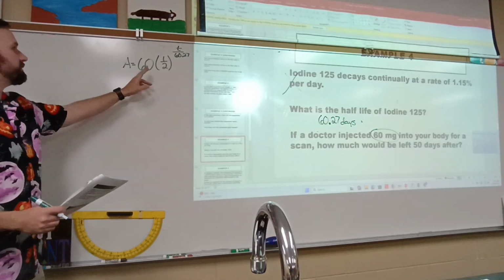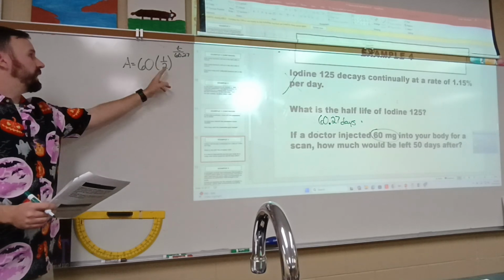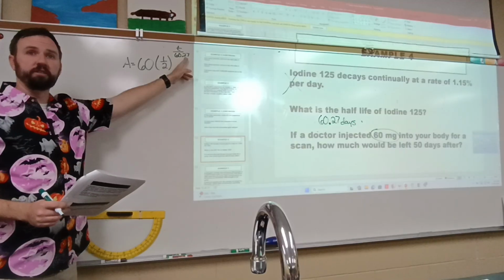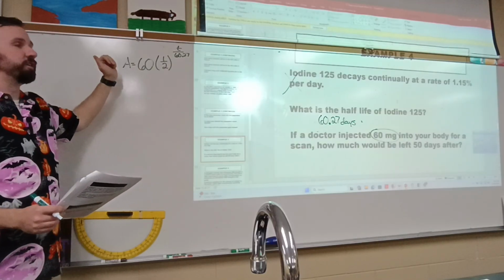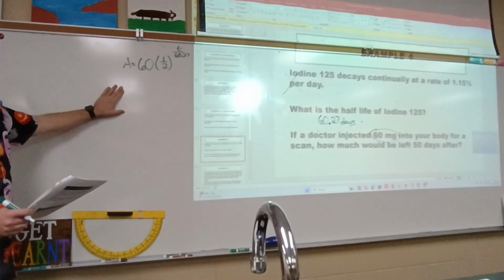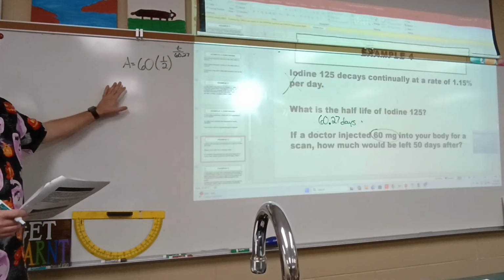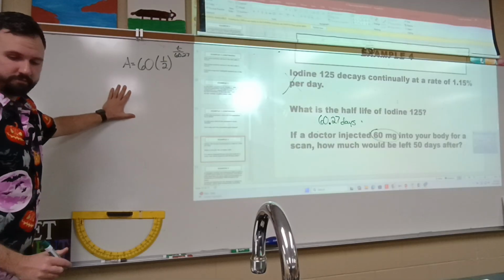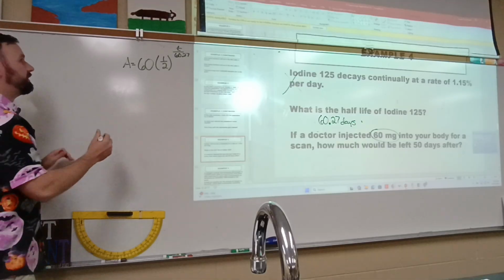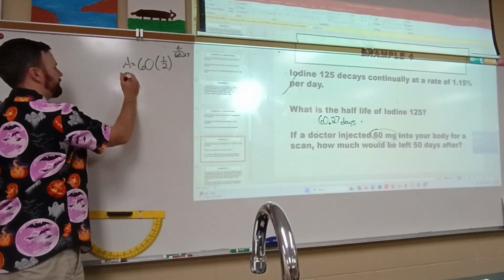Questions how I got this equation. Initial amount, half-life; you put in your half-life under T. That equation's earlier in the packet. Now this question says, how much would be left in 50 days? Is that an amount or a time? What do you guys think? That's a time. So do I put in for T or A?